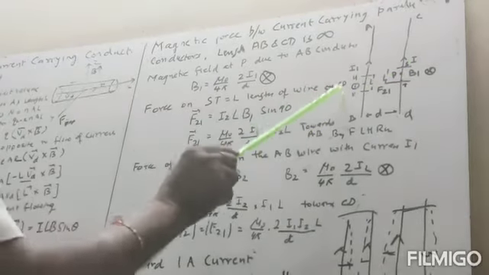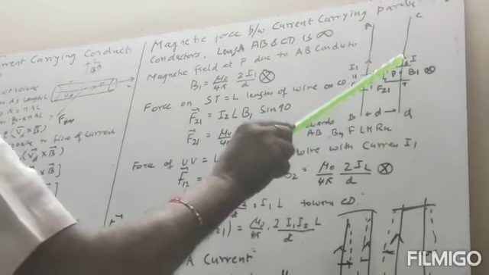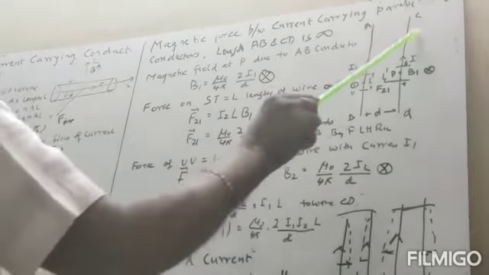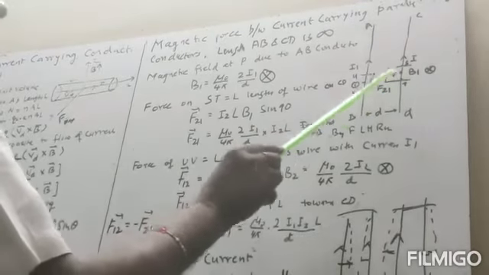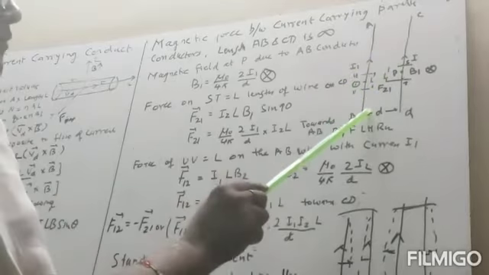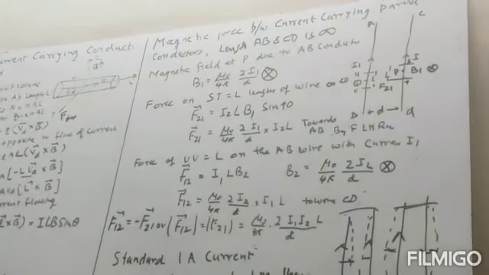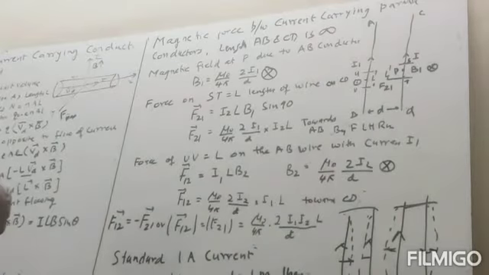Now if we consider any small segment, small l, on the wire CD, what will be the magnetic field there? The distance between the two wires is small d.